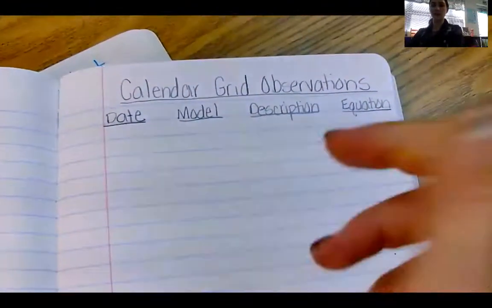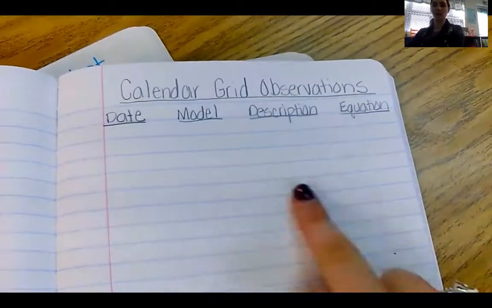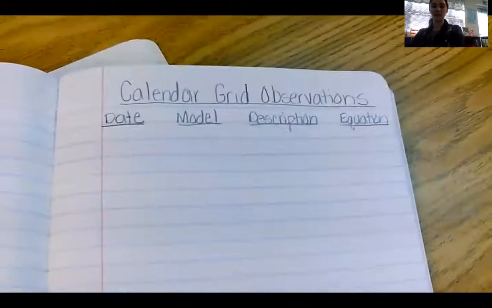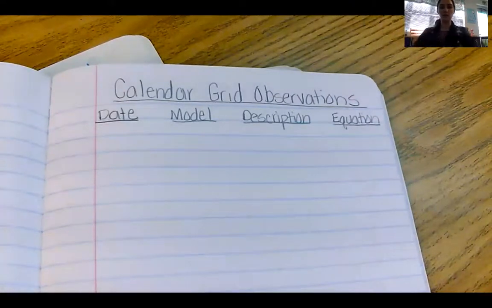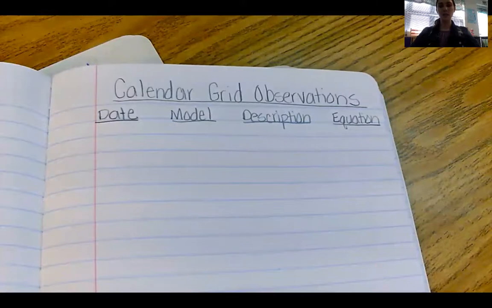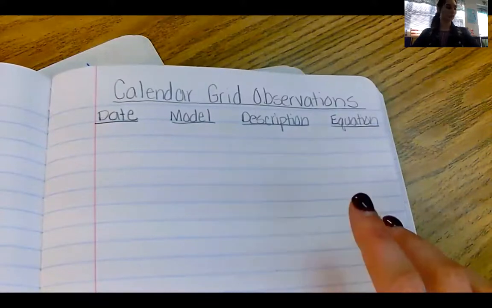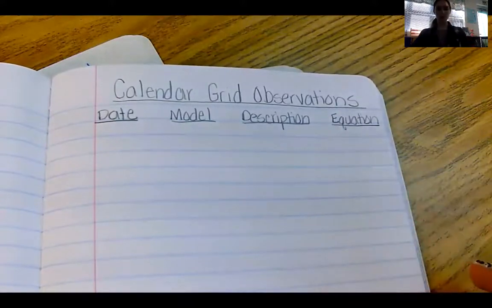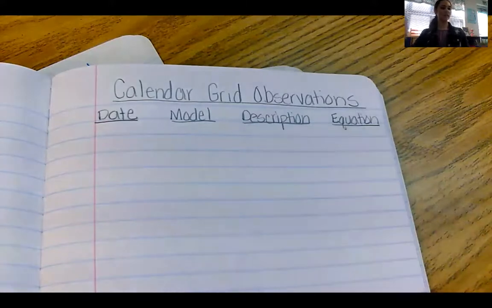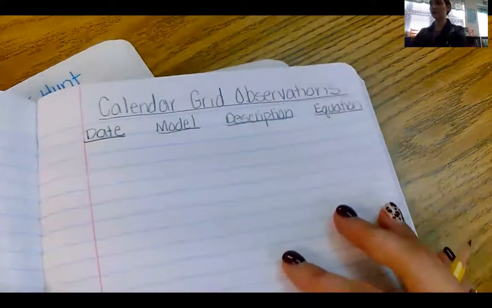So I'm turning to a clean page and I wrote calendar grid observations, and I just made my own table since I kind of ran out of room on my other one. But if you still have room on your other table, then go ahead and keep using that one. If you ran out of room like me, then go ahead and just make one like this on a clean page in your notebook. Okay, so today's date is September 17th.